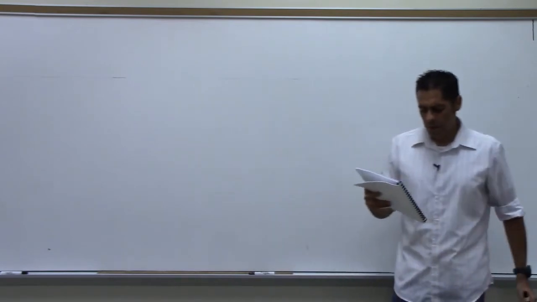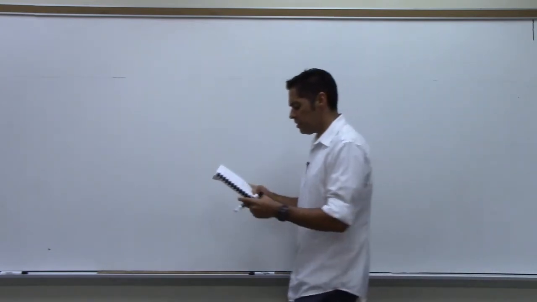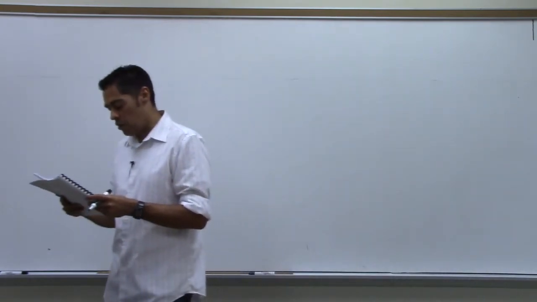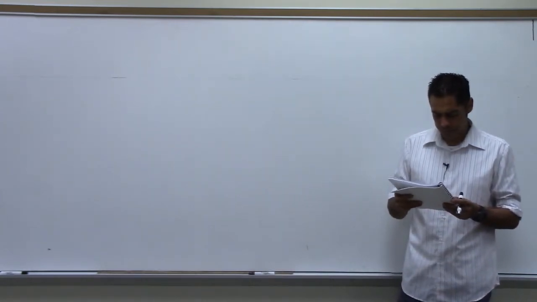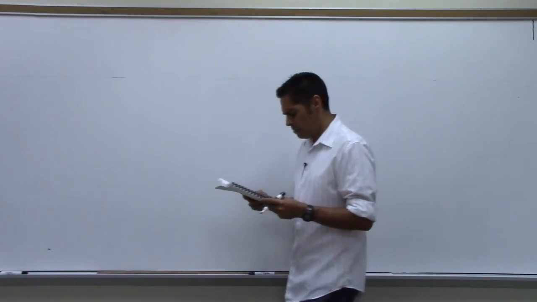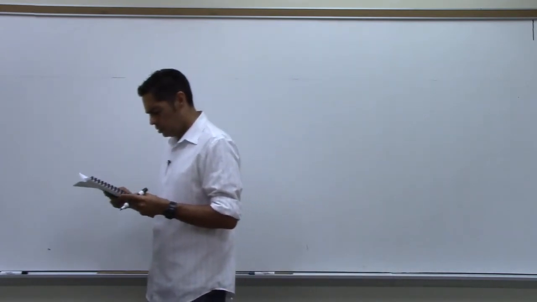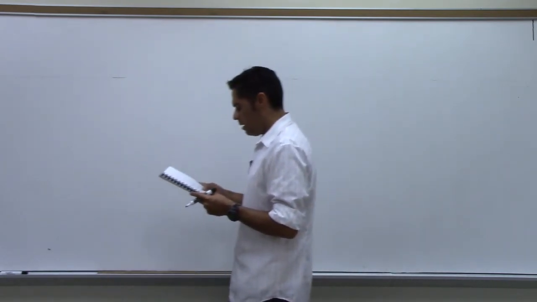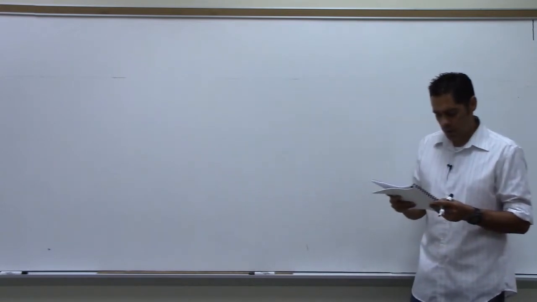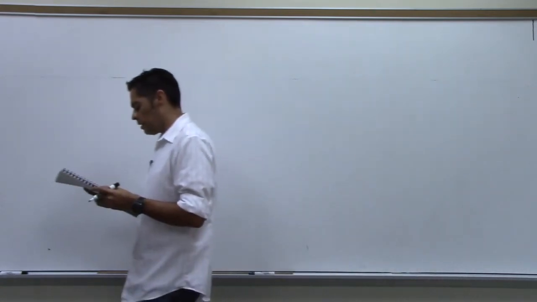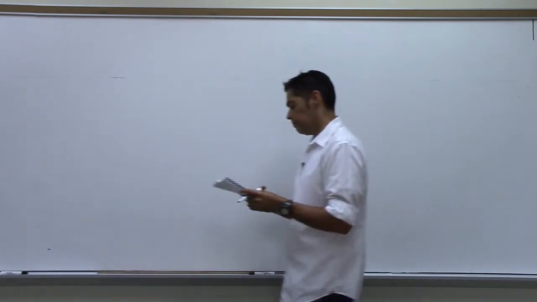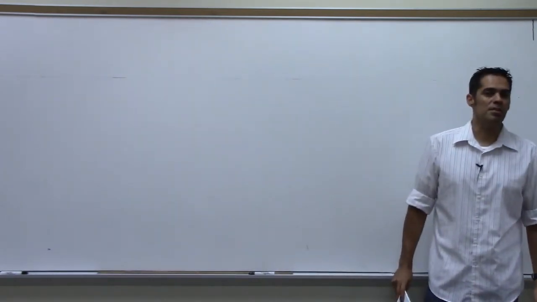Oops, number 8. 30% of all students at Northwest Vista transfer to UTSA. We kind of knew that already? Oh, it's the same problem. No, it's a little different. Oh, yeah, okay. Of these transfer students, 12% are going to major in biology. What percent of NV students are going to major in biology at UTSA? What percent?